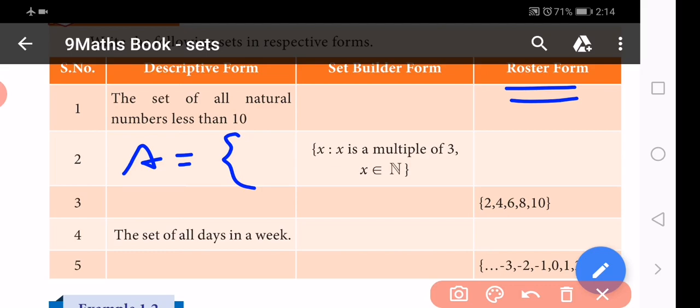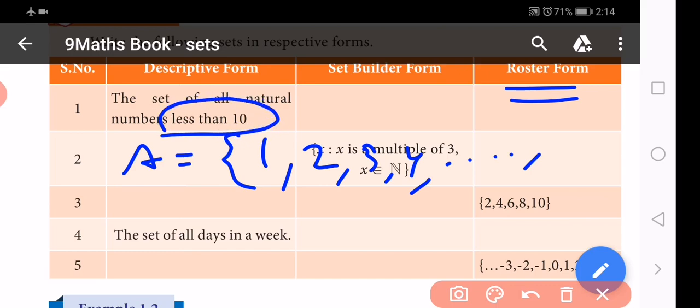The set of all natural numbers means starting with 1, 2, 3, 4 and so on, up to less than 10, means before 10. Less than 10 means which one is last? Up to 9 only. So 1, 2, 3, 4, 5, 6, 7, 8, 9. This is the roster form of the first sum.